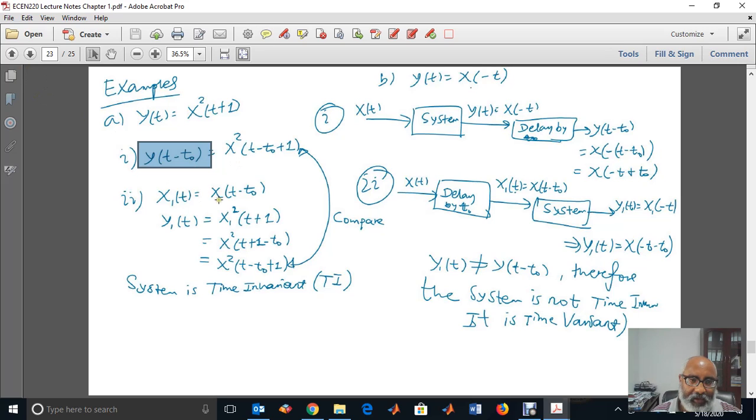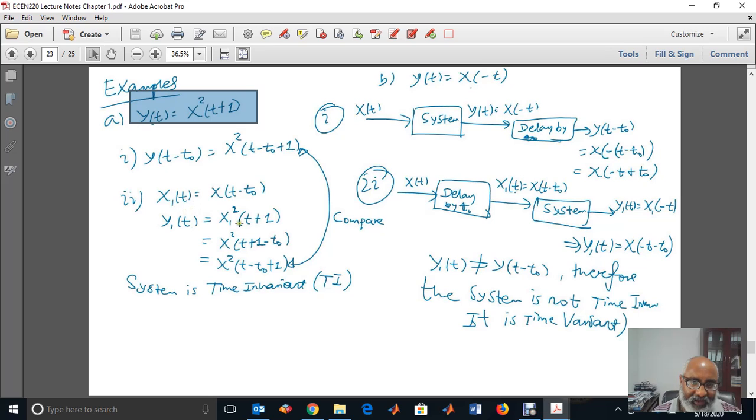And the second step, I delay the input. So let x1 of t be x of t minus t naught. So what will be y1 of t? To get y1 of t, first I look at the original relation between x of t and y of t. Whenever I give x of t, I get x squared of t plus 1.